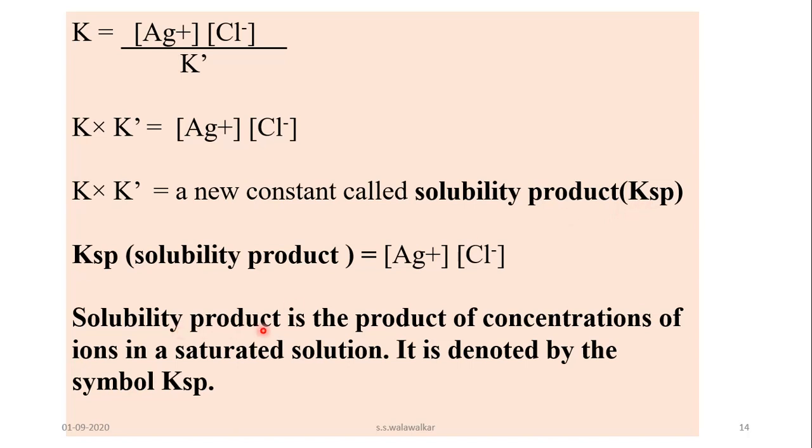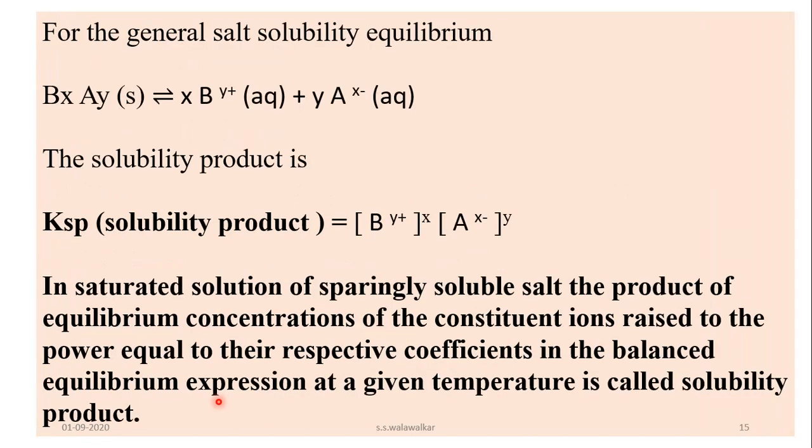So the solubility product is the product of concentrations of ions in a saturated solution, and it is denoted by the symbol Ksp.